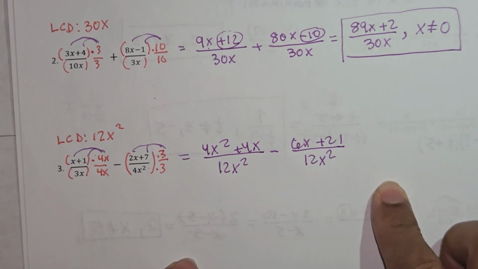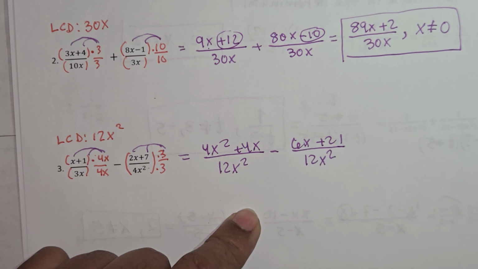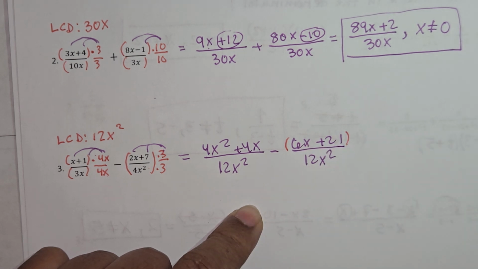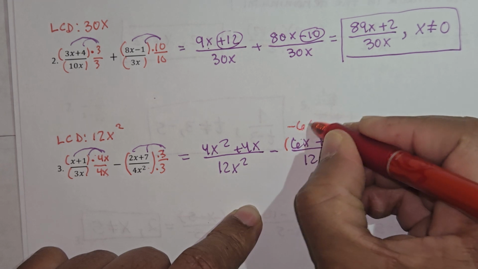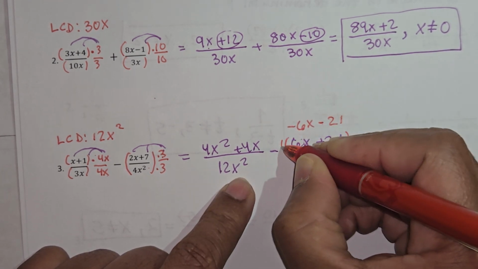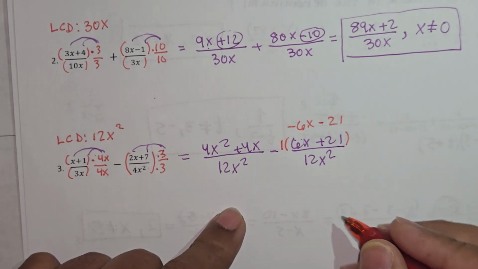As you can see, we have the same denominator now. And there is something here that you must remember. Since this is minus, it's like distributing the negative 1. So this 6x changes to negative 6x, and this plus 21 changes to negative 21 once we distribute this implied negative 1.